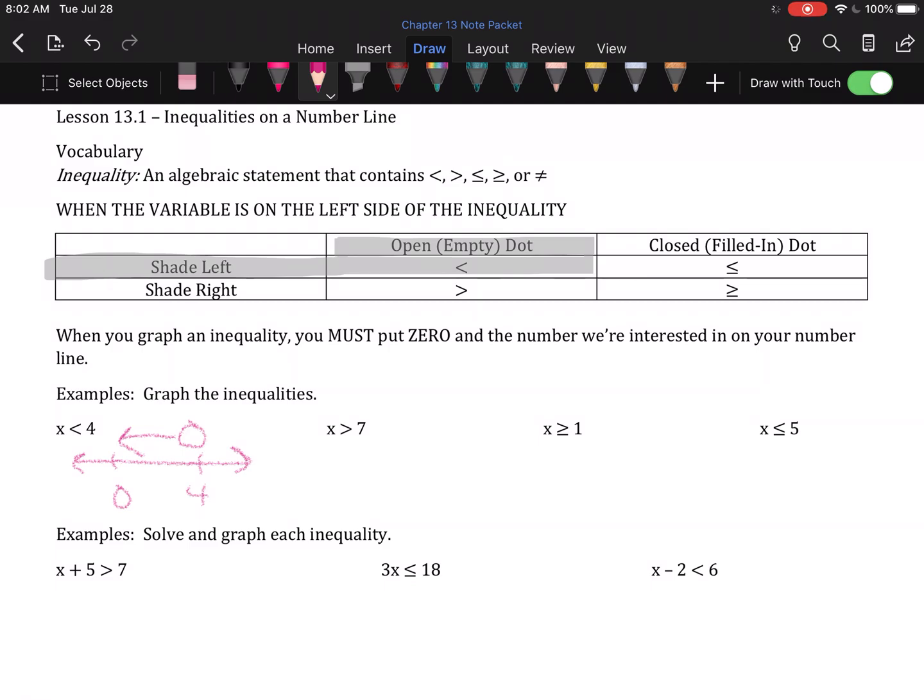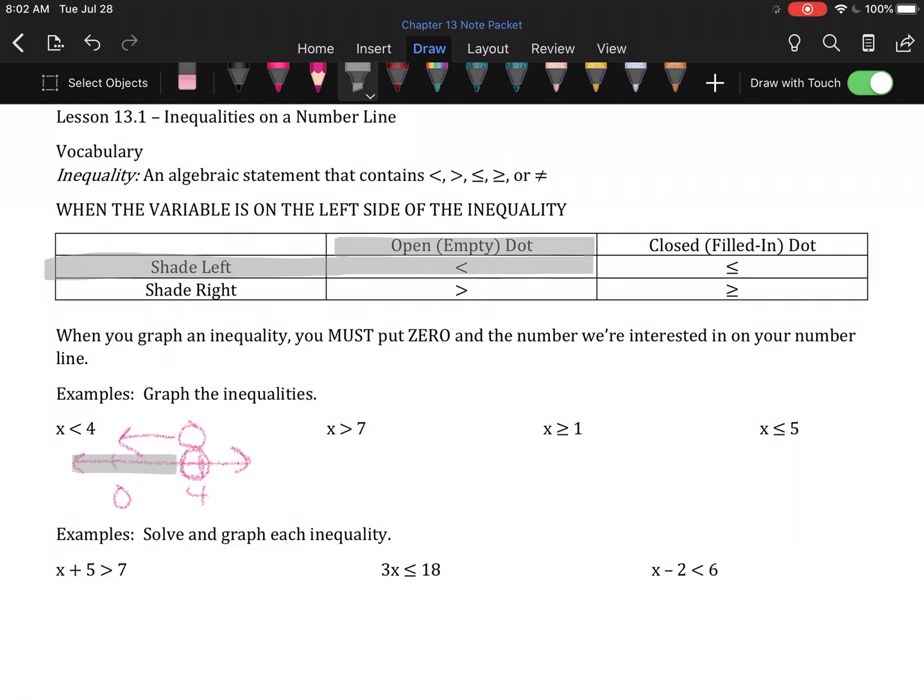We're showing everything less than 4. The reason you see the word shade is that in some places, in some schools, in some classrooms, you're taught to put that circle right on the number line at 4 and then to fill in the number line on the left side. And that's called shading.